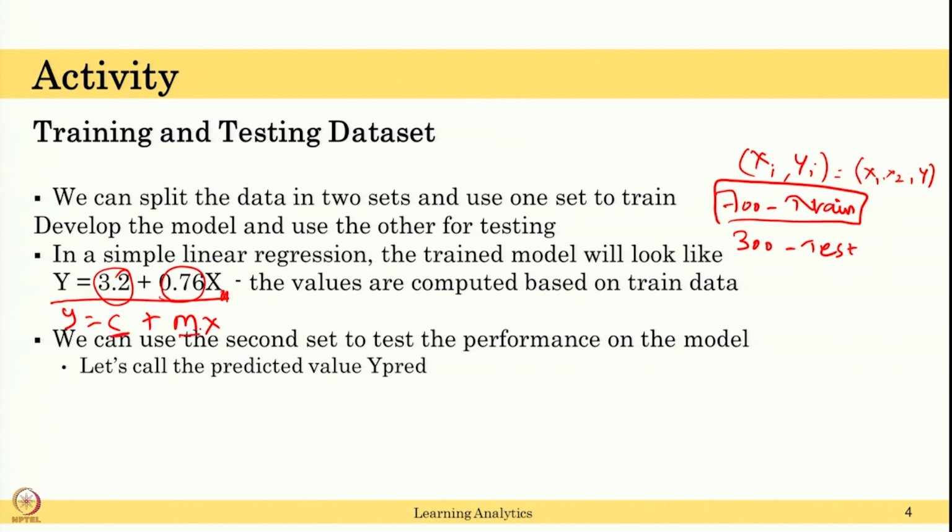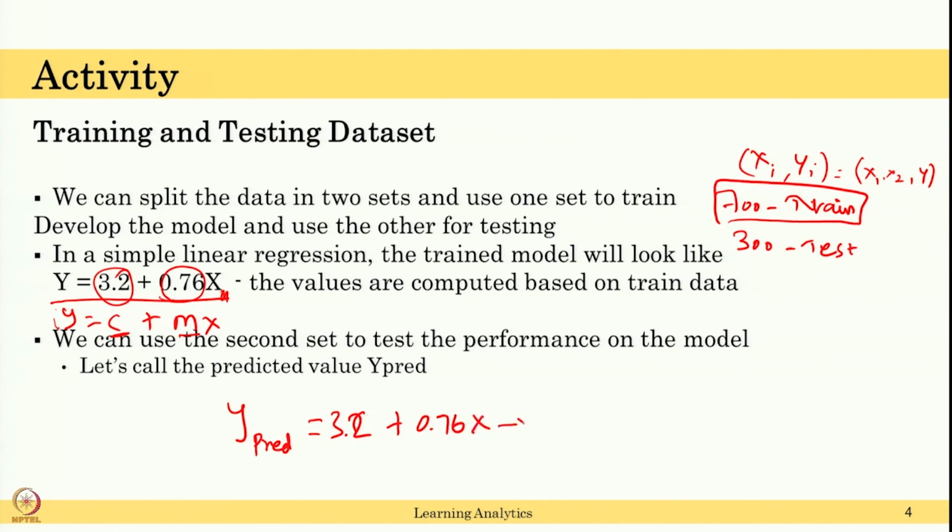Now, we use this model to predict the performance of the test data. In the test data, y predict will be 3.2 plus 0.76 x.